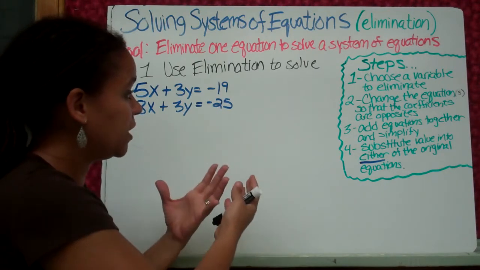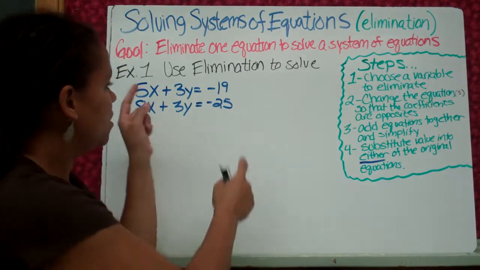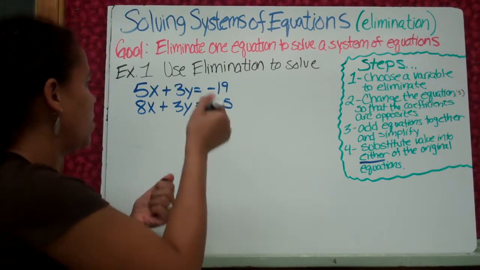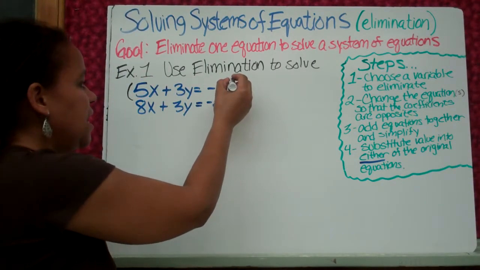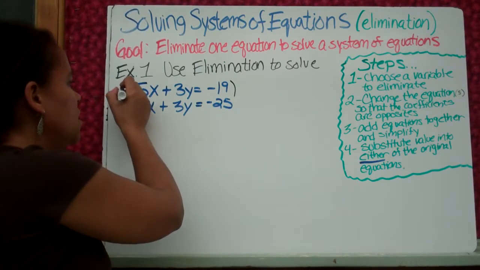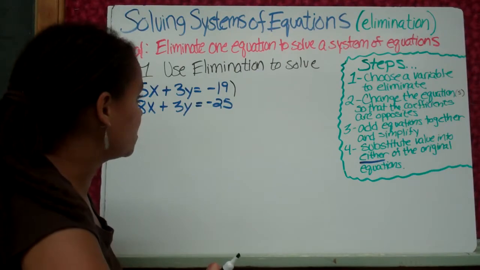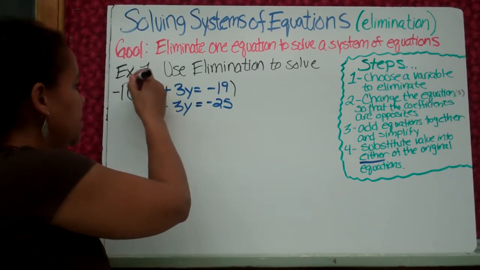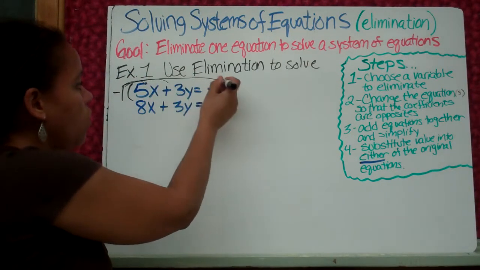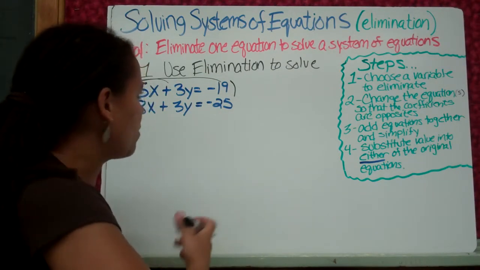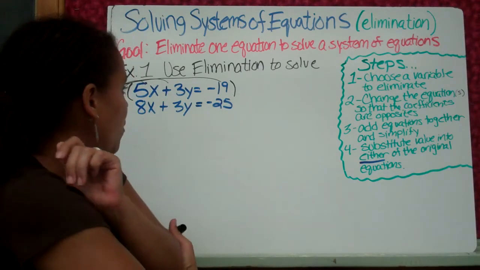So what I'm going to do is change the equation. I'm going to multiply, and you can choose whichever one. I'm going to choose the top one, and I'm going to take the entire equation and multiply by -1. And let's see what that does for us. If I distribute this -1 all the way through, I'm multiplying every single term by -1. So I'm not really changing the value of the equation.